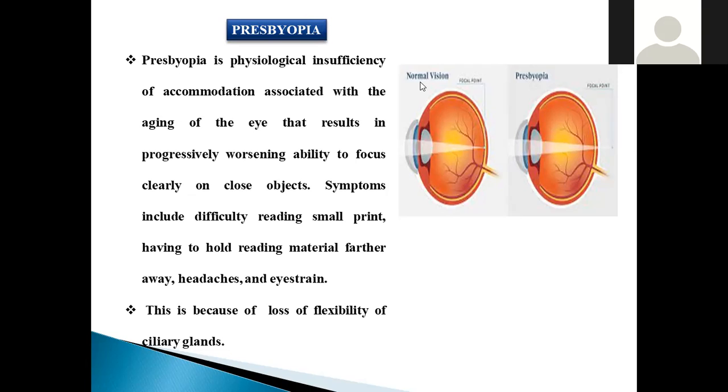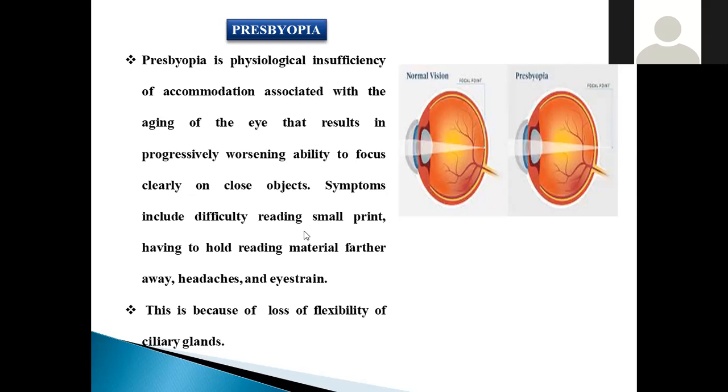That means there is a possibility of myopia or hypermetropia. Both are possible, but this kind of condition arises due to the aging of the person. As age grows, what happens? Ciliary gland movement becomes difficult, and if their movement is very difficult, the effectiveness of human eye vision will be reduced. Worsening of the ability to focus clearly on objects is known as presbyopia.